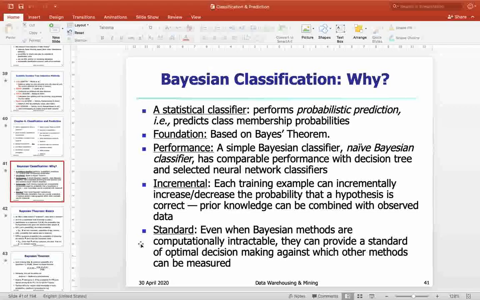So what is the Bayesian classifier? It is a statistical classifier. Here this classifier is a statistical classifier which predicts class membership probabilities. Suppose the probability that a given tuple belongs to a particular class or not. Fine.